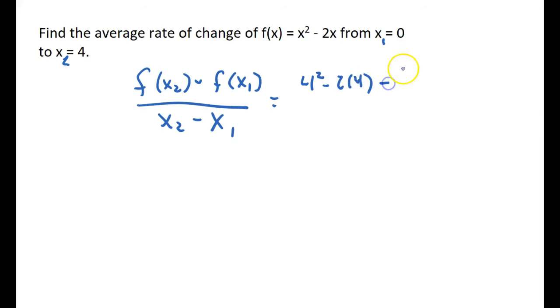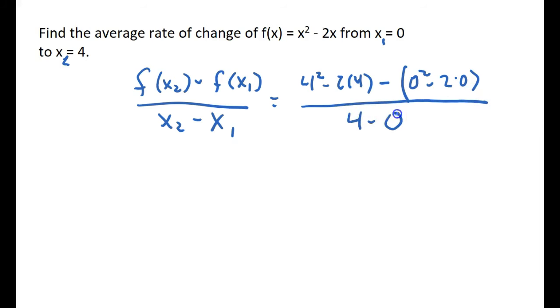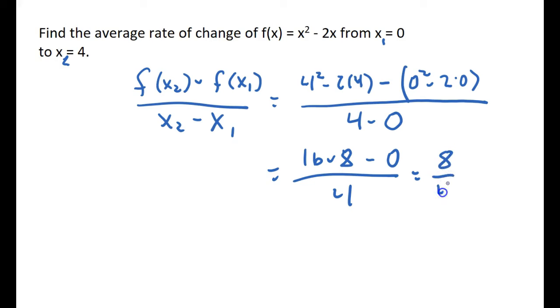And I'm going to subtract f of x1, which is 0 squared minus 2 times 0. And that's going to be over 4 minus 0. Okay, so it becomes 16 minus 8 minus 0 over 4, which is 8 over 4, which is 2. So 2 is the average rate of change of this function as x goes from 0 to 4.